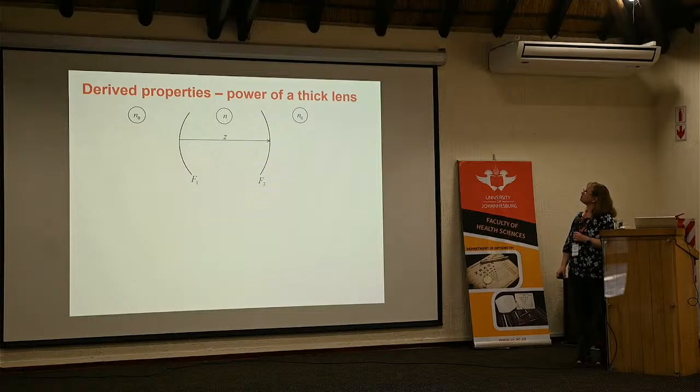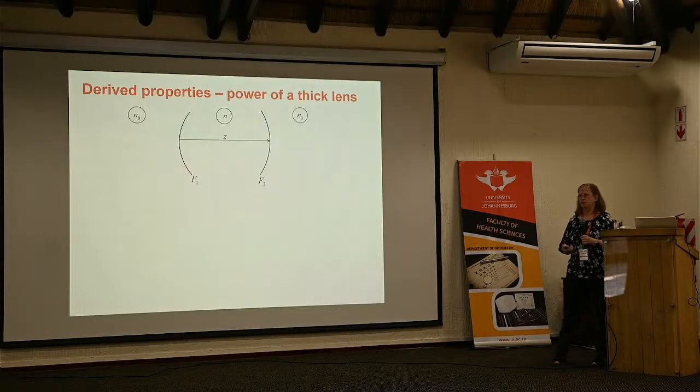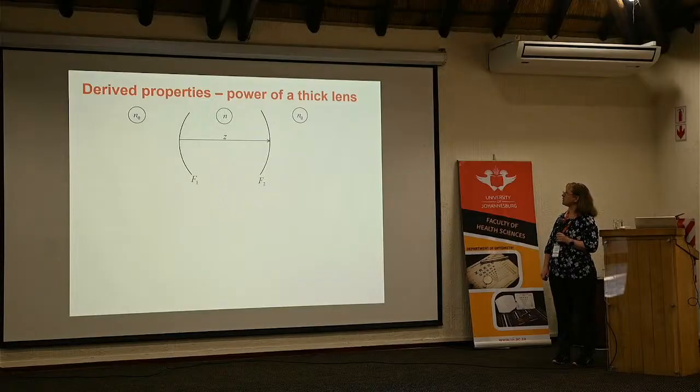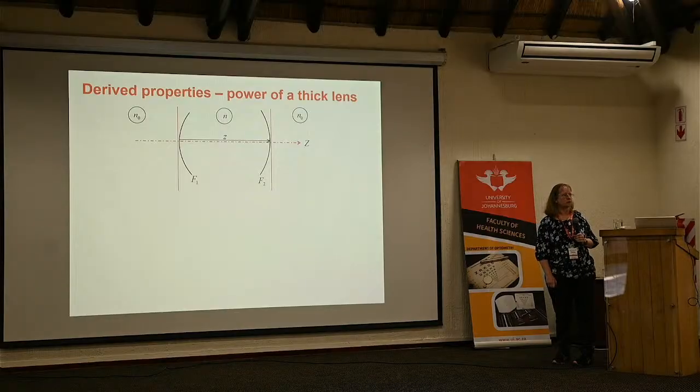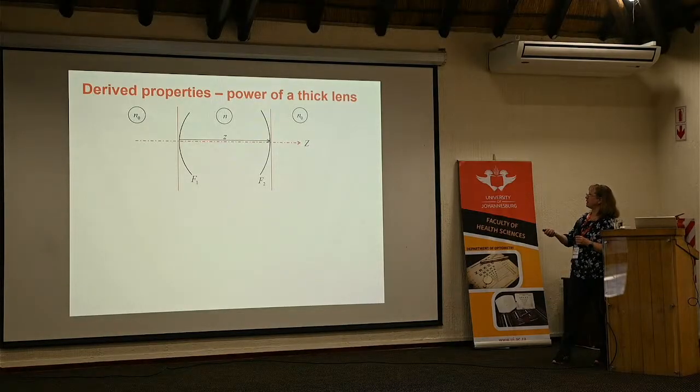All right, I'm going to go through a few familiar examples, just to get a feel for how these transferences work. Power of a thick lens: there we have our system, F1, a gap, and F2, and that is how we define the system in terms of entrance plane, exit plane, and longitudinal axis.